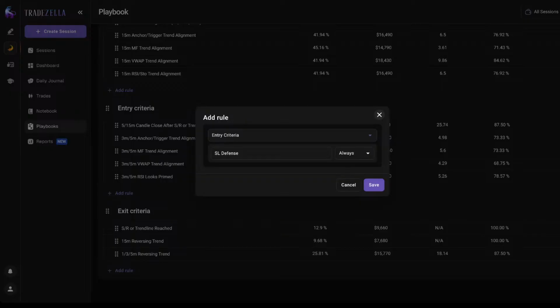I'm going to ask ChatGPT. We'll ask ChatGPT, what is a good rule name that would require entry criteria to include a defensive stop loss that is within my risk parameters?